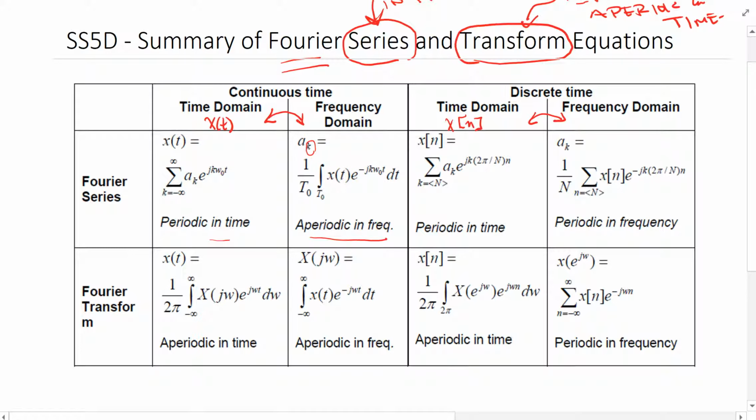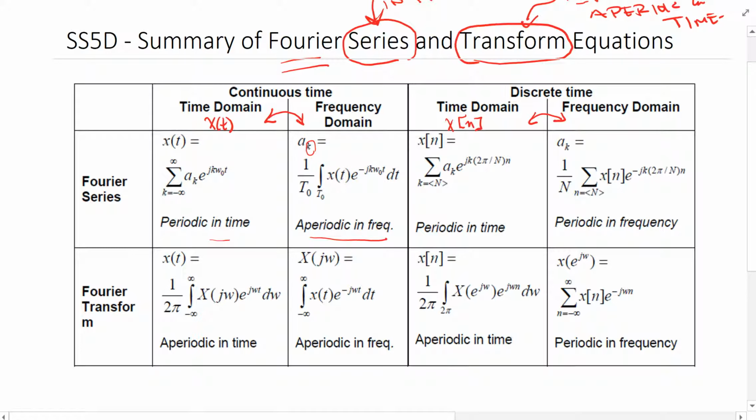Now, if you go to discrete time, x of n is of course periodic, because in order to have a Fourier series, the signal in time domain has to be periodic. And this one happens to have a periodic a of k as well, with the same period as in the time domain, which is very nice.